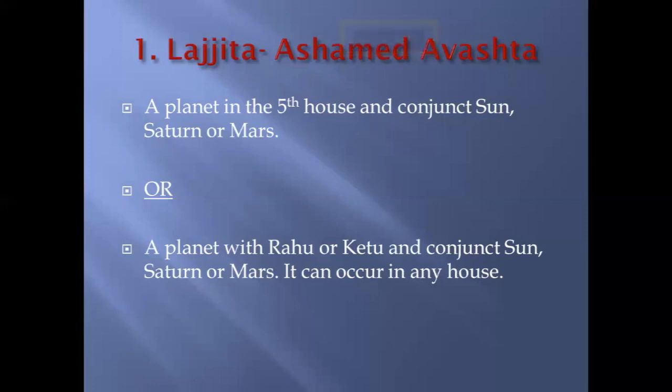So a planet in the 5th house and conjunct the Sun, Saturn, or Mars, which is one of the 3. Or a planet with Rahu or Ketu and conjunct Sun, Saturn, or Mars. So it could be, for example, Mercury with Ketu and Sun, and it could be in the 7th house.